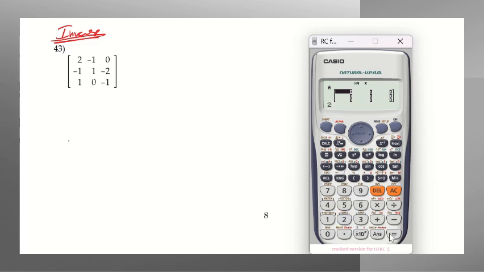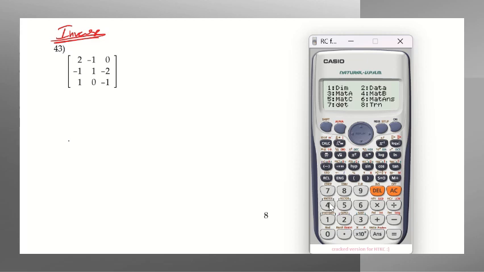So 2 equal negative 1 equal 0 equal negative 1 and 1 and negative 2 and 1 and 0 and negative 1. So after I input the data on my calculator, all I have to do is press AC and then go to shift, matrix, number 4.